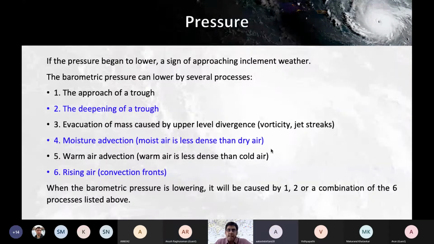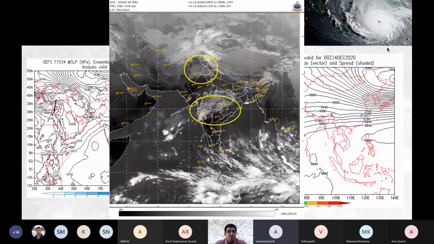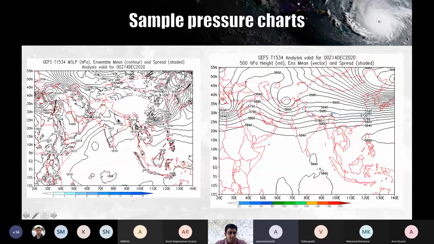I have a quick question. In the chart on the right, the numbers indicate the height at which the pressure is 500 millibars. Is that right? Yeah, this is basically the pressure at 5 kilometers, and these are not pressure values. This is known as the height. It's a good question. This is a proxy for pressure.